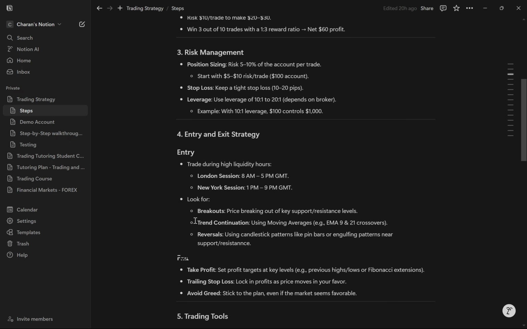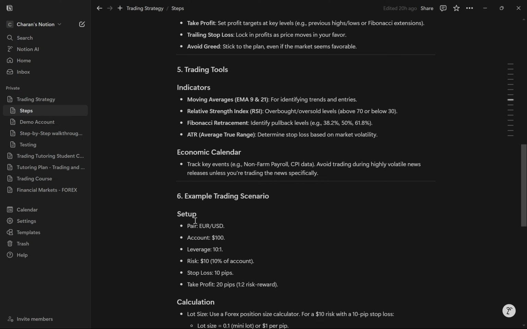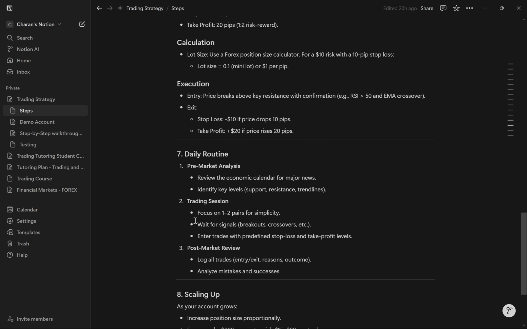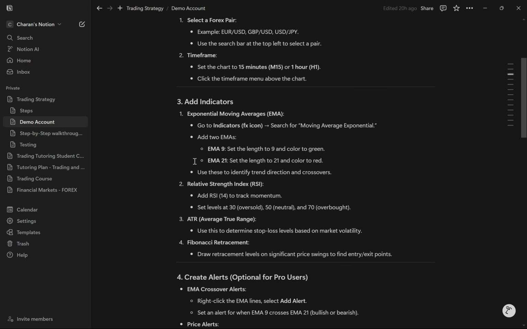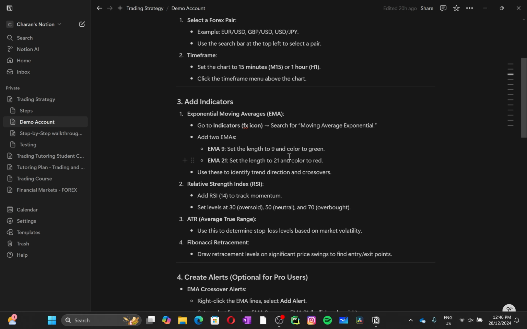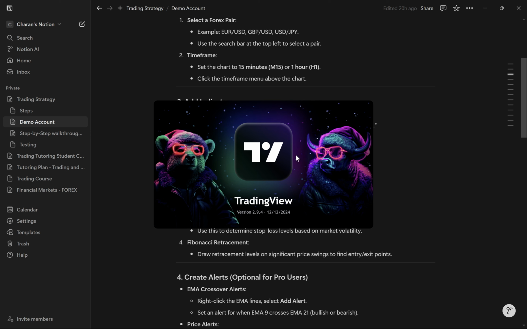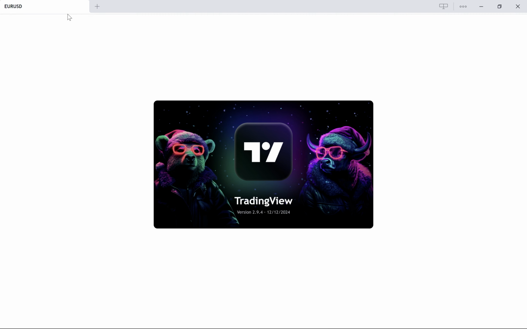So let's quickly go through the demo account. We first have our exponential moving average, which is what we've been using for a long time. So again, I'll be opening TradingView on my laptop, and here we have TradingView.